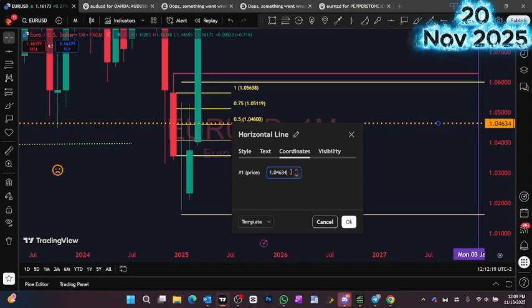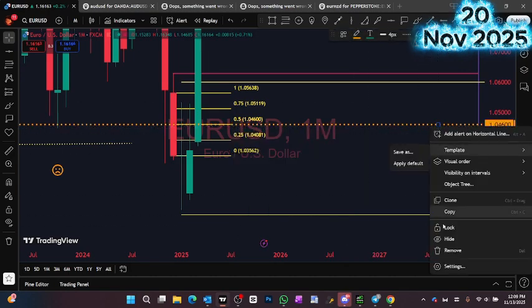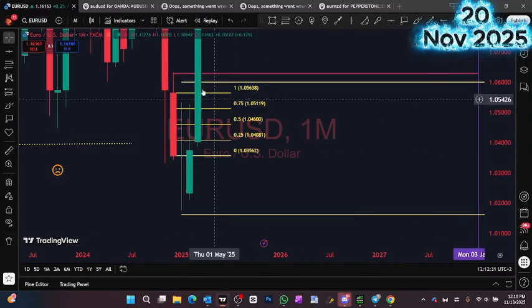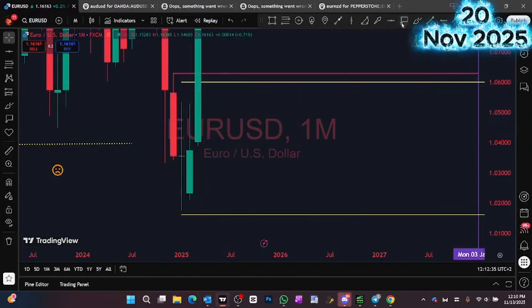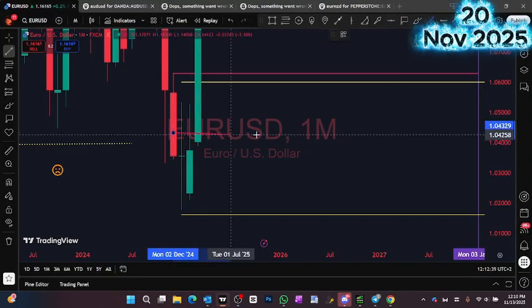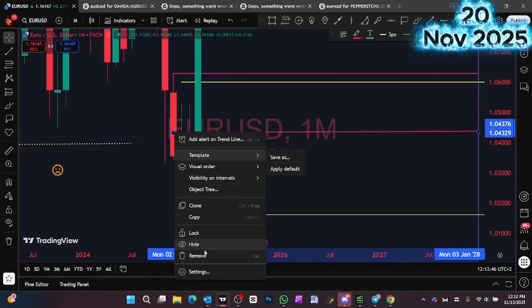Remove that, remove that, put the 50%, use the dots.